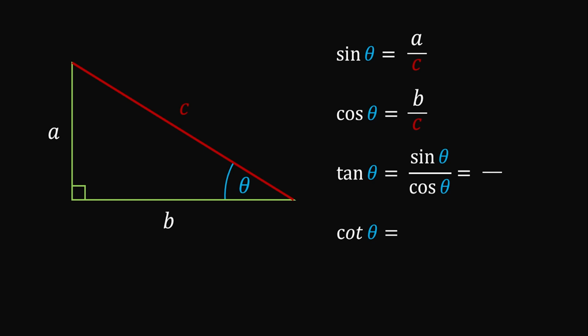Since the numerator of sine is A, that will go into the numerator of our tangent function, and the numerator B of cosine will go down in the denominator of the tangent. And that's all. What about the cotangent? Well, the cotangent is the opposite of the tangent, so it's cosine of theta over sine of theta. That means that it is B over A.